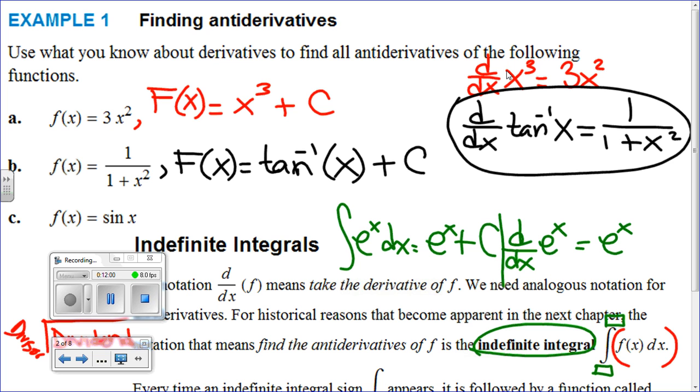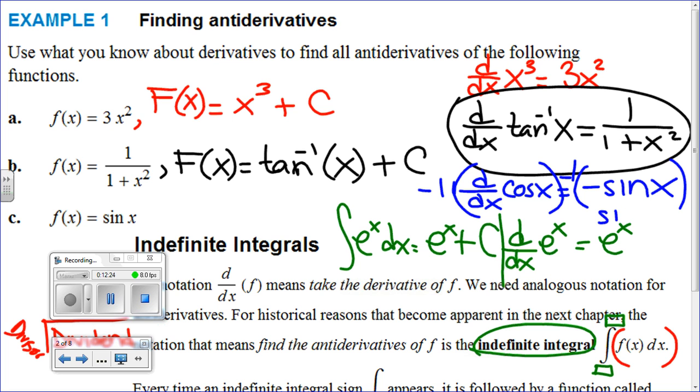Okay, and then let's do one more. So for example, we have the derivative. What is the derivative of cosine x? Negative or positive? Negative sine x, right? Now over there we have positive sine x. So then what I'm going to do is multiply both sides by -1.